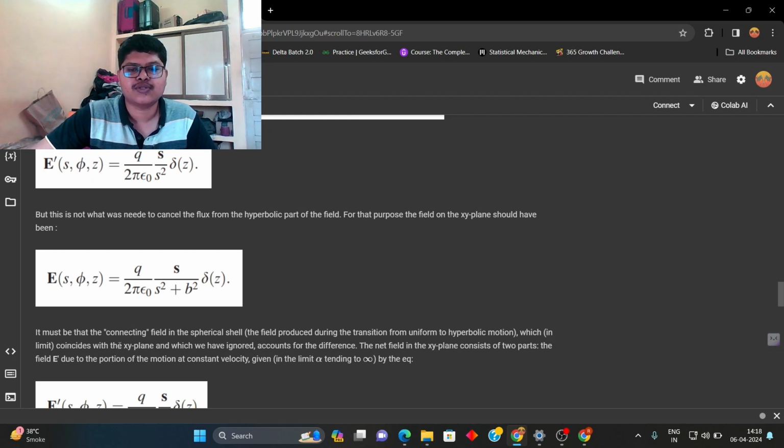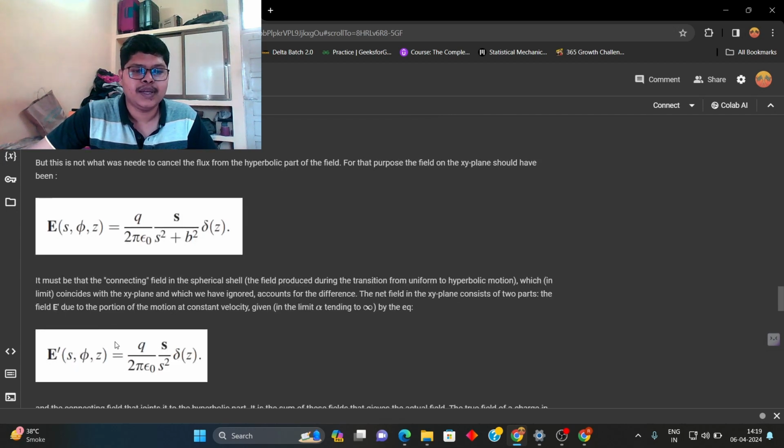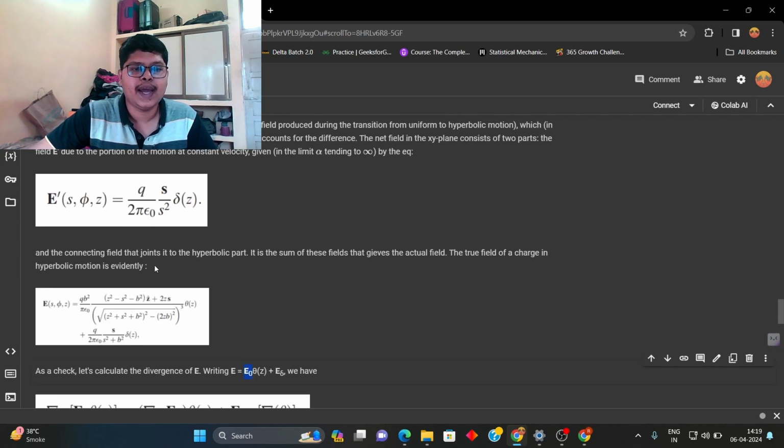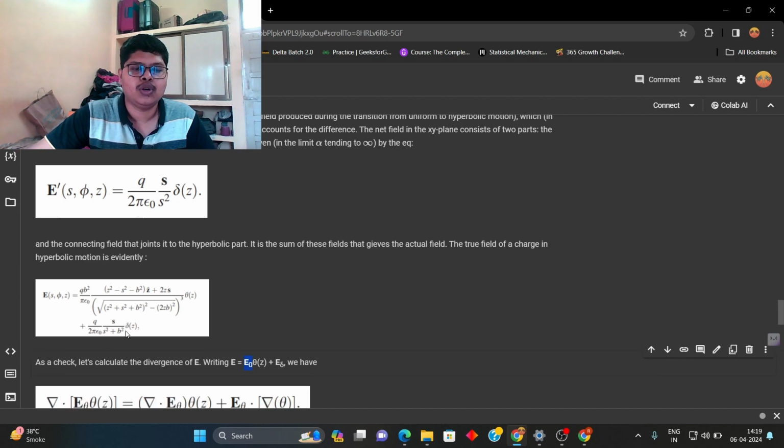The net field in the xy plane actually consists of two parts: the field E dash due to the portion of the motion at constant velocity, given by this equation, and the connecting field that joins it to the hyperbolic part. So the actual electric field is the sum of these fields. The true field of a charge in hyperbolic motion then turns out to be this equation. Let's check whether it is true or not.